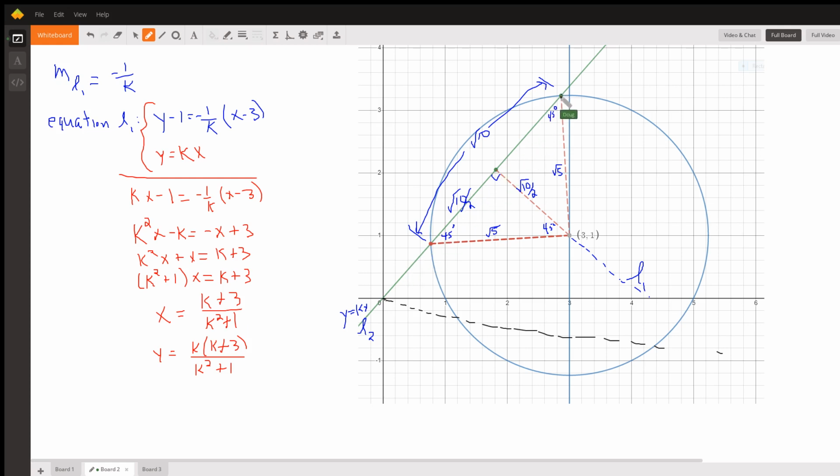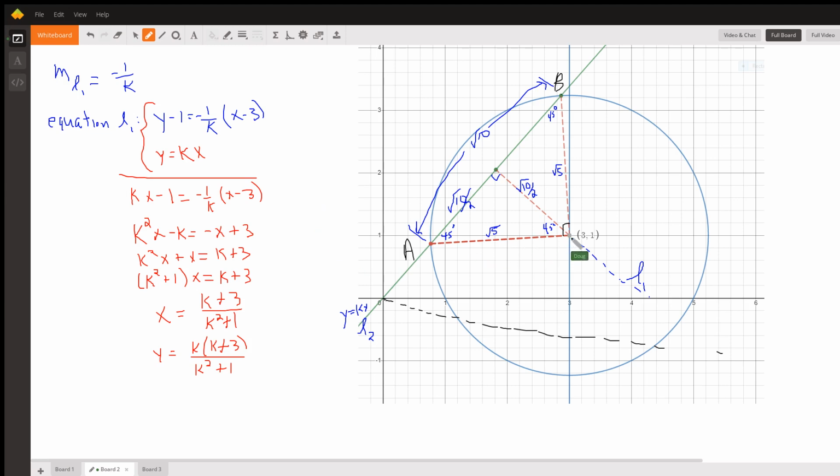So if this arc is going to be 90 degrees, I could call this point A and point B. If that arc is going to be 90 degrees, then the central angle that intercepts that arc must be 90 degrees. And what I wanted to do is try to find an equation that only involves k in order to be able to solve for k.